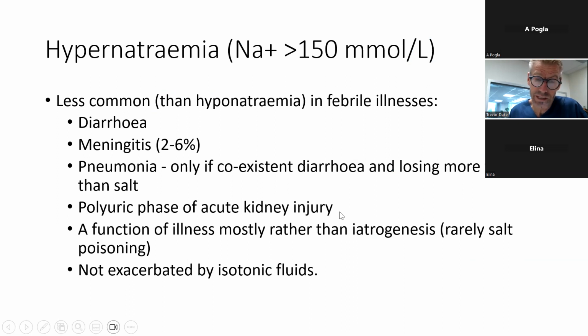You can see that after a child's had an acute kidney injury, when their kidneys are starting to recover, they start to urinate a lot of highly dilute urine, passing lots of water, and so they can get hypernatremic. Sometimes hypernatremia is due to a hospital-acquired, iatrogenic problem, like salt poisoning.